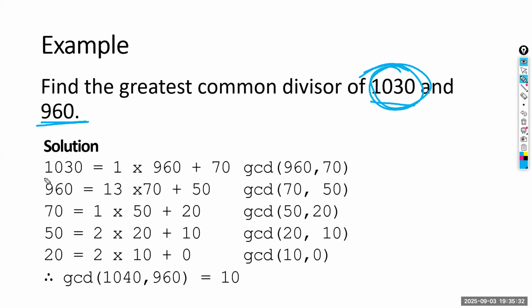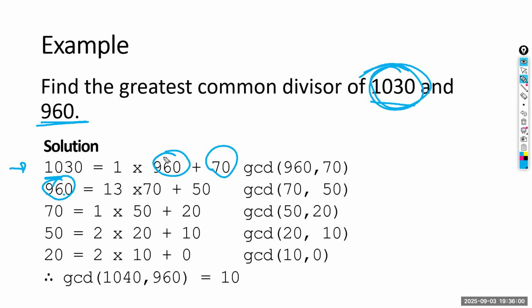So take the bigger number and write it as a multiple of the smaller number. So that is 960 into 1, because there's only one 960 within 1030. So then 960 into 1 plus remainder 70, because 960 plus 70 is 1030. So that is your step number 1. Then take 960 and write it as a multiple of 70.